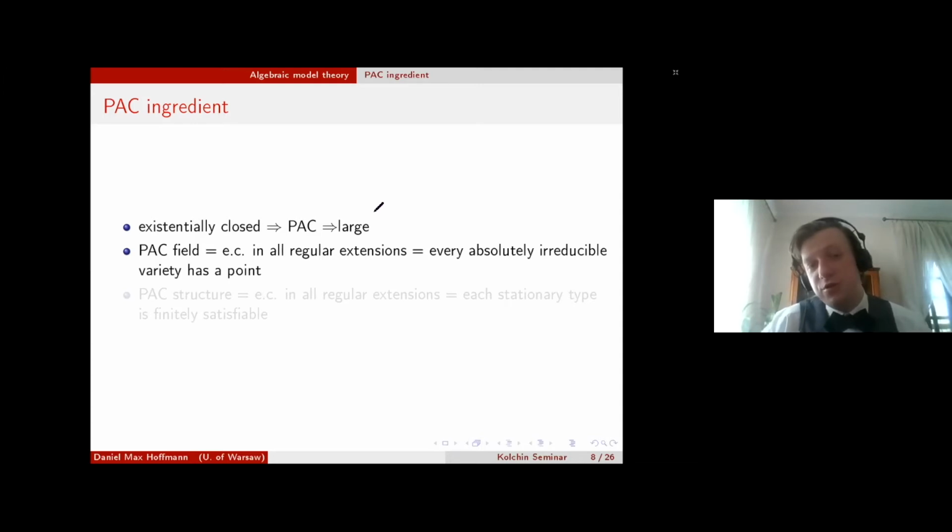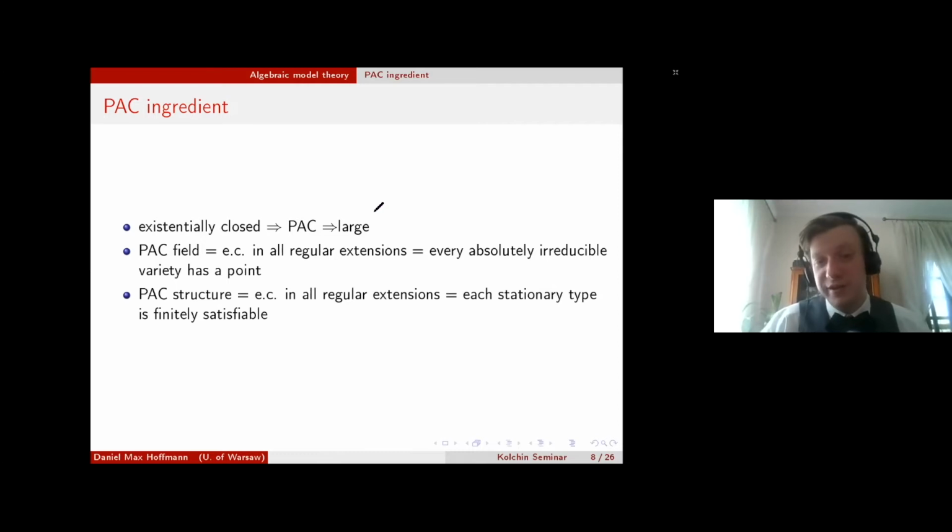And using this, you can define what a PAC structure is. So you are just existentially closed in all regular extensions, but here it's a regular extension in model theory. So you actually take the algebraic closure operator in this model theoretic setup. So you are relatively algebraically closed with respect to the model theoretic algebraic closure. So for example, if you are a differential field, then say K in F is regular.